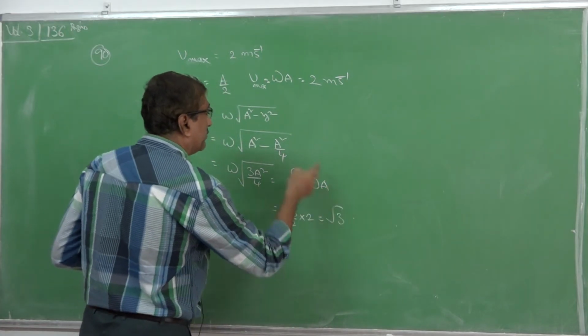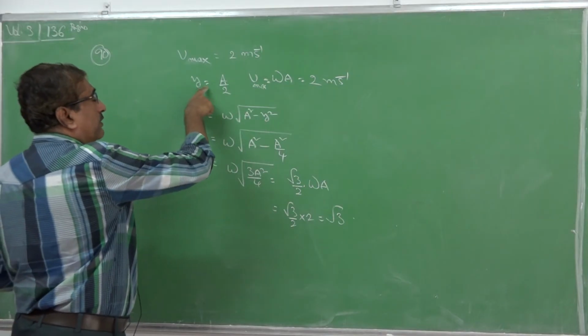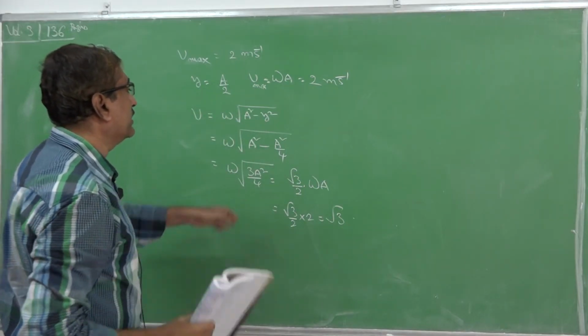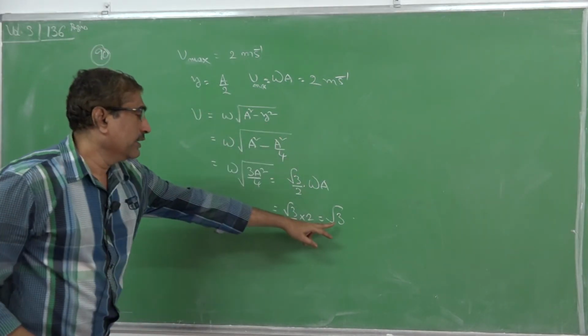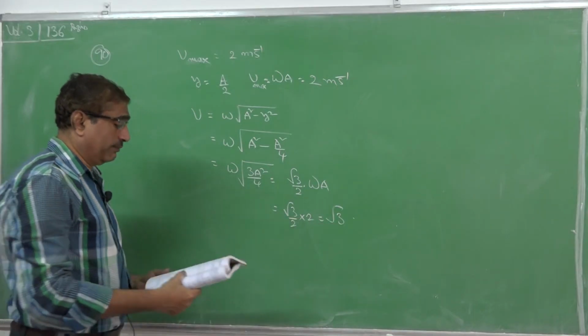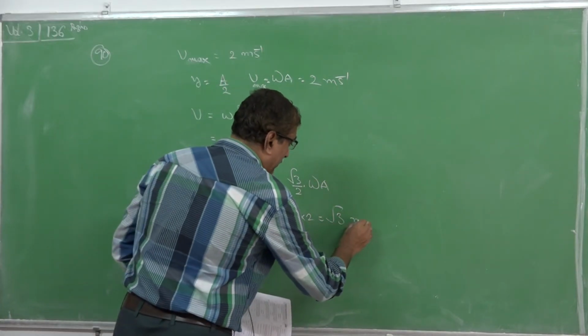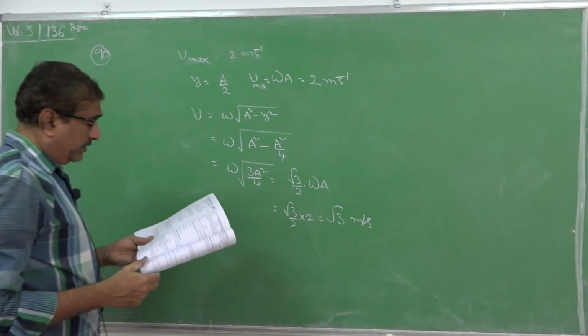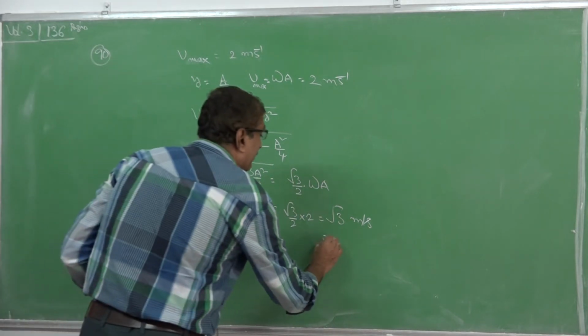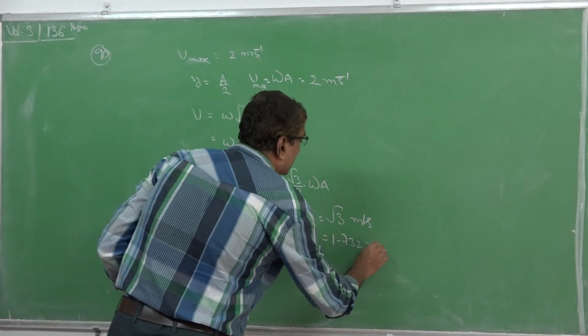So the velocity where the displacement is half of the amplitude is root 3 meter per second. In the options it is given as 1.732 meter per second.